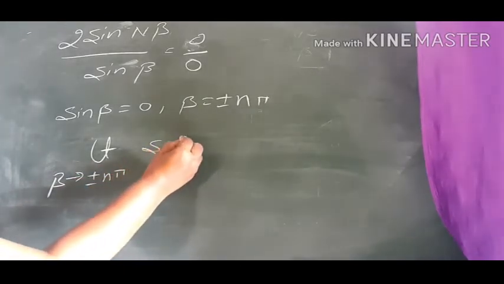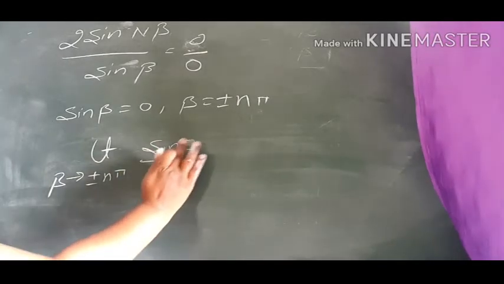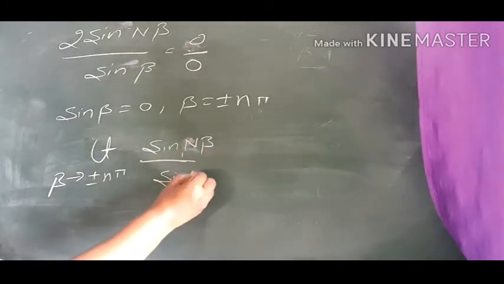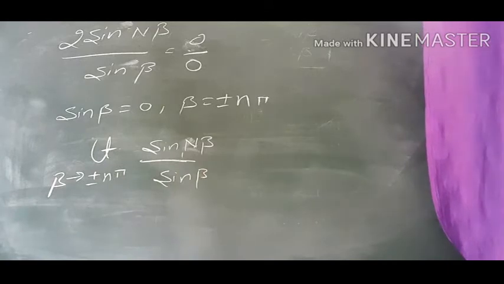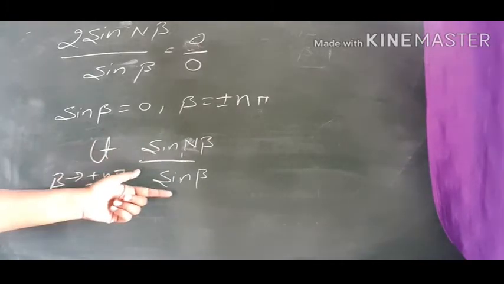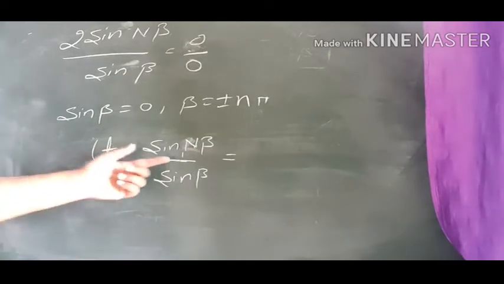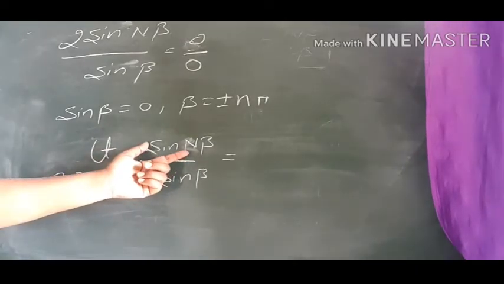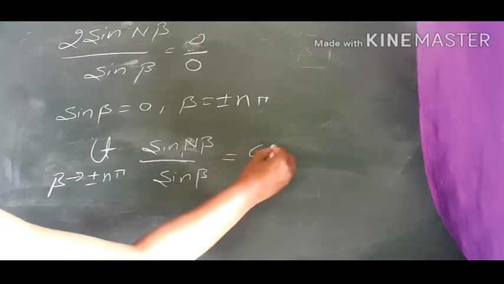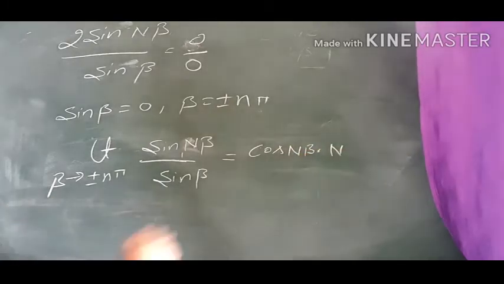Sorry, this is sine n beta by sine beta. We have to differentiate numerator and denominator with respect to beta. So by differentiating with respect to beta, we have cos n beta into n.